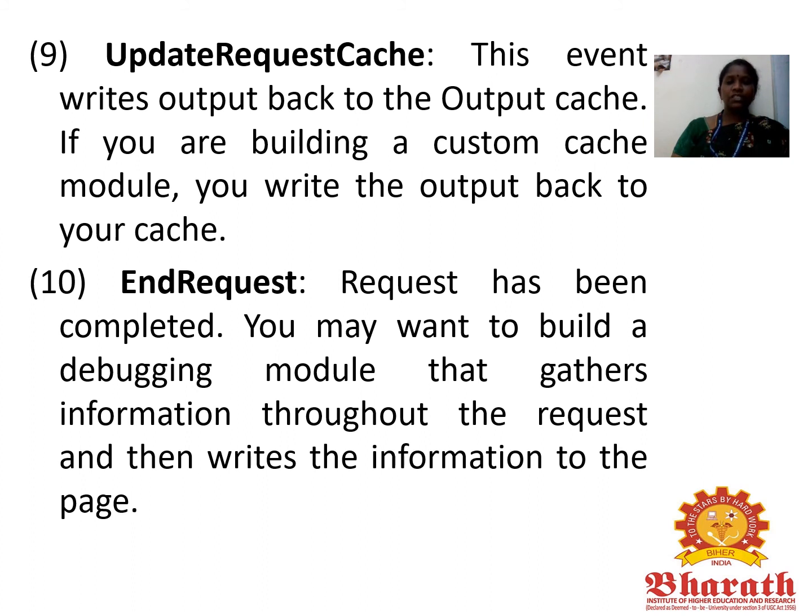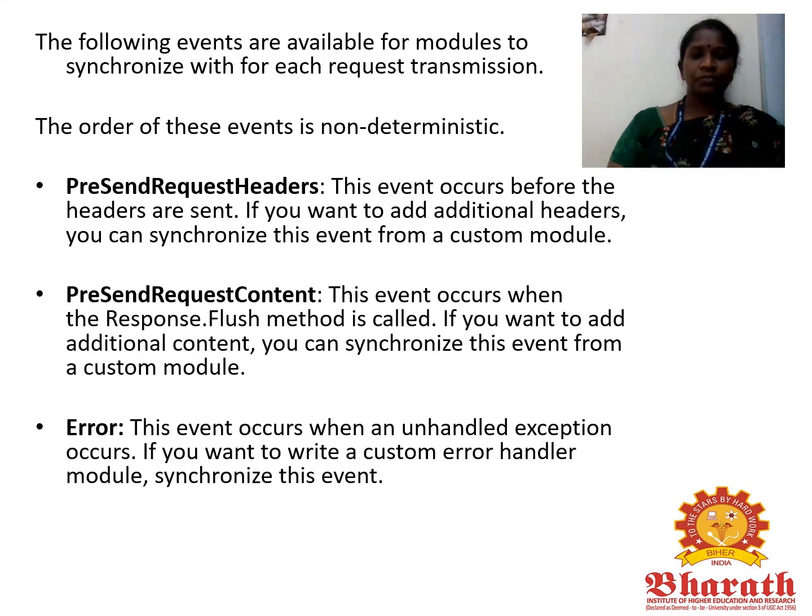The end request event is mainly used when the request has been completed. You may want to build a debugging module that gathers information throughout the request and then writes the information to the page. These are all modules that synchronize with each request transaction.